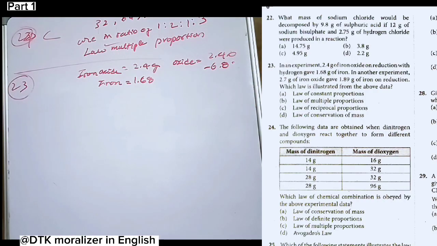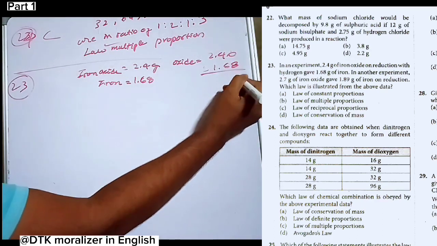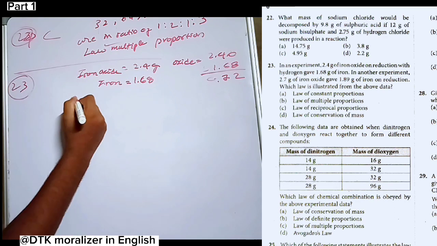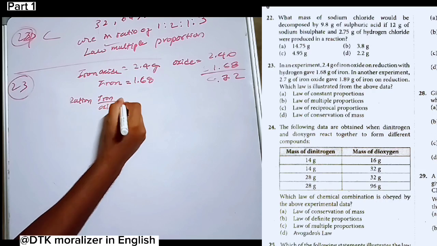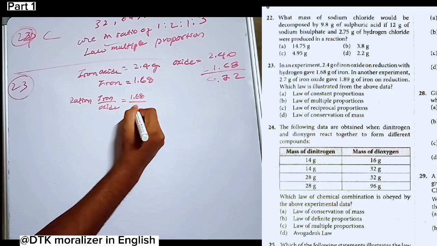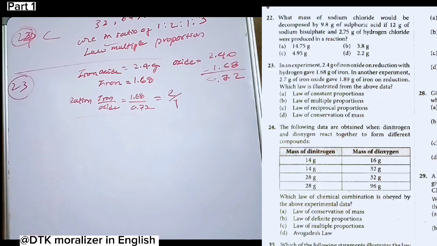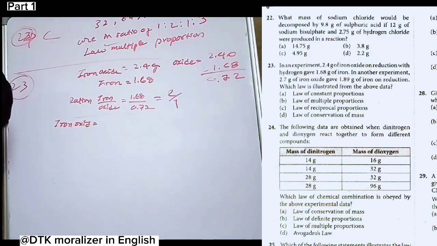So 2.4 minus 1.68, you get oxygen amount as 0.72. And as you can see, another data in that particular question, in another experiment, for the first experiment, the iron and oxygen ratio is 2:1.